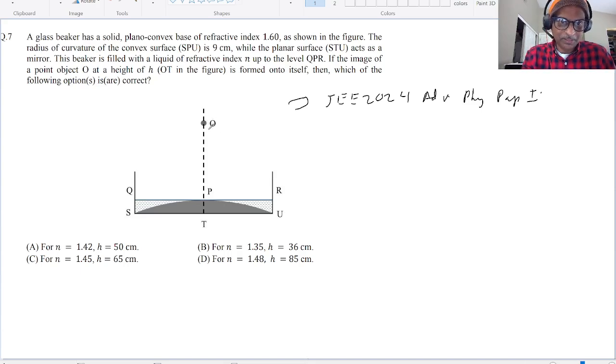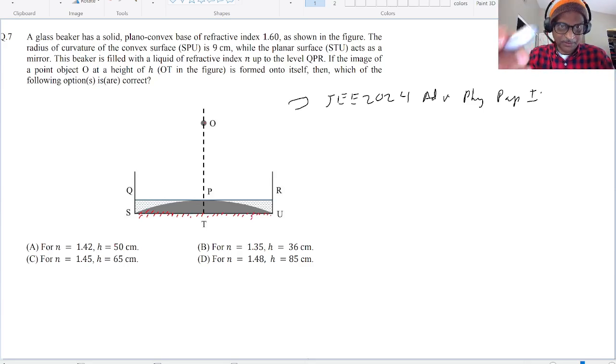there's an object here, and then there's a lens, but above the lens is another fluid, and then behind over here is a mirror which will reflect the light back. So you're just changing the phase by 180.